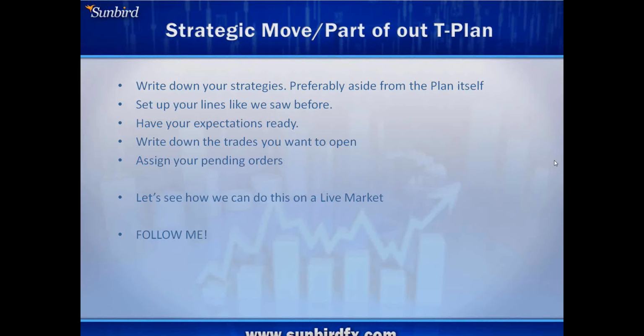Now remember, in our first course, I told you exactly what is my targeted profit per week, and what is my targeted loss per week, meaning how much money I am willing to lose and how much money I am willing to make. Now, pending orders will be opened when your expectation is good.